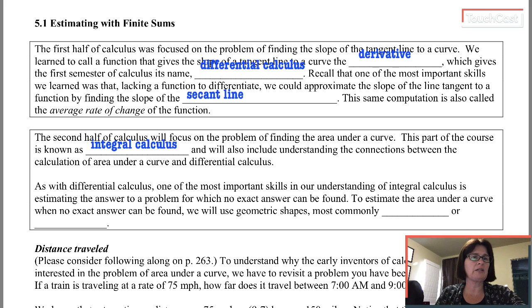Well, that's our discussion here in 5.1. How can you use rectangles or trapezoids to estimate the area under a curve?